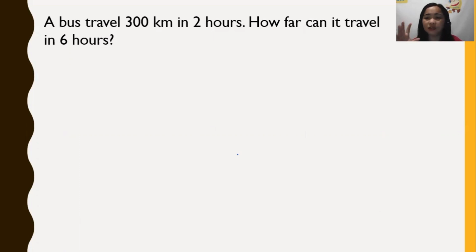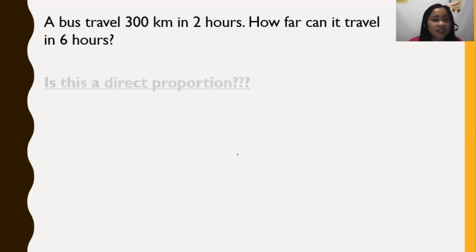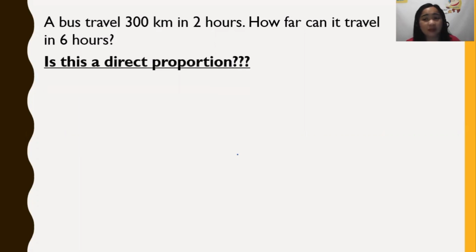Anong napansin nyo? Humaba yung time. Siyempre, halimbawa ikaw, mas mahaba yung time ng pagtatravel, ibig sabihin, ito ay at the same rate. So, dahil humaba yung oras ng pagtatravel mo, ibig sabihin, mas malayo yung mararating mo. So, is this an example of direct proportion? Okay, yes, this is an example of direct proportion.